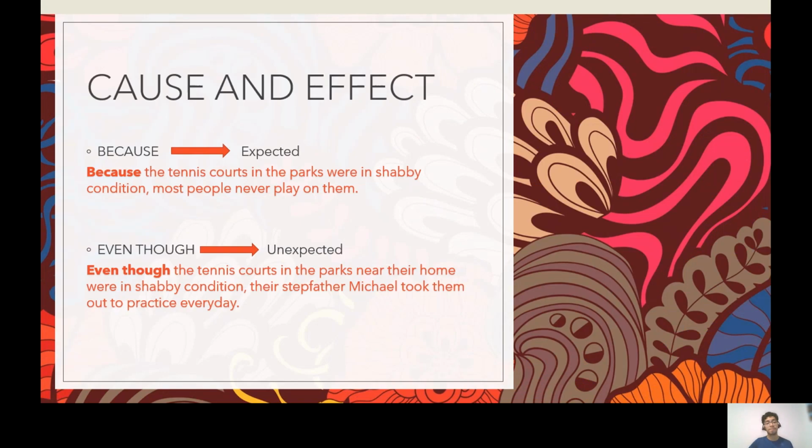Also, we have again because, and now we have even though. In this case, we use because when the result is expected. As an example, we have: because the tennis courts in the park were in shabby condition, most people never play on them.